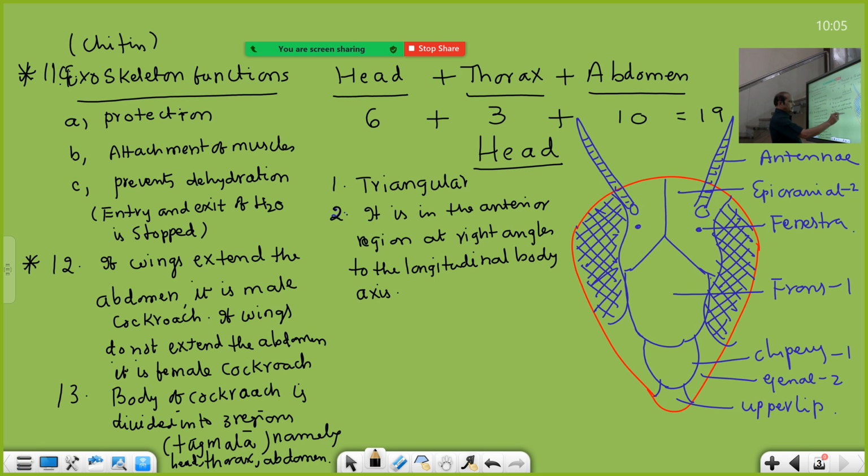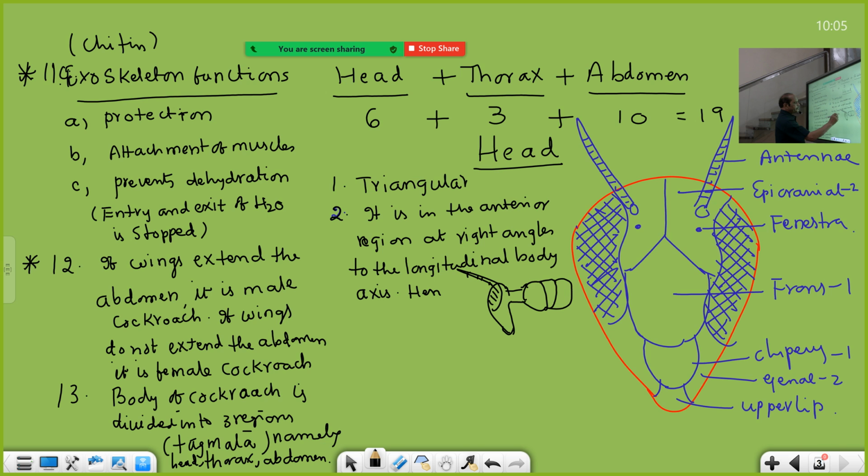Means like this. From a side angle, if you see, this is neck region, and this is first thoracic segment, and this is second thoracic segment, third thoracic segment. Here the cockroach head is like this. So this is the longitudinal axis. That's why it is at right angles to the longitudinal axis of the body. The meaning of this sentence is this one. So it is in the anterior region at right angles to the longitudinal body axis.